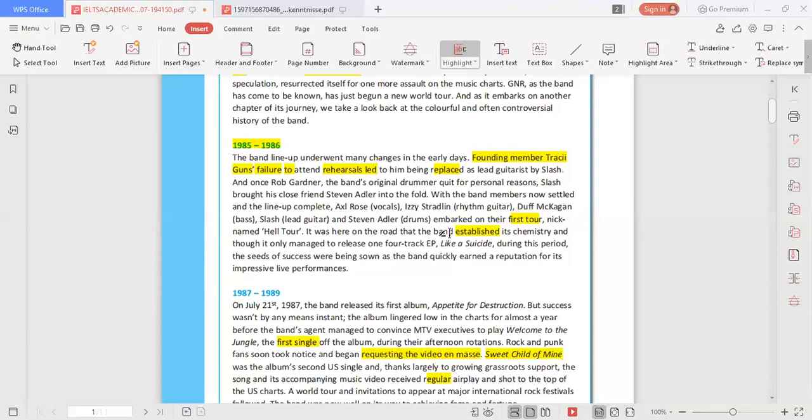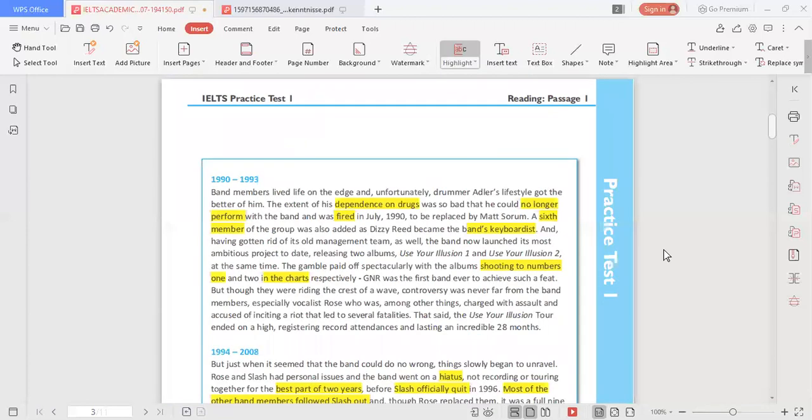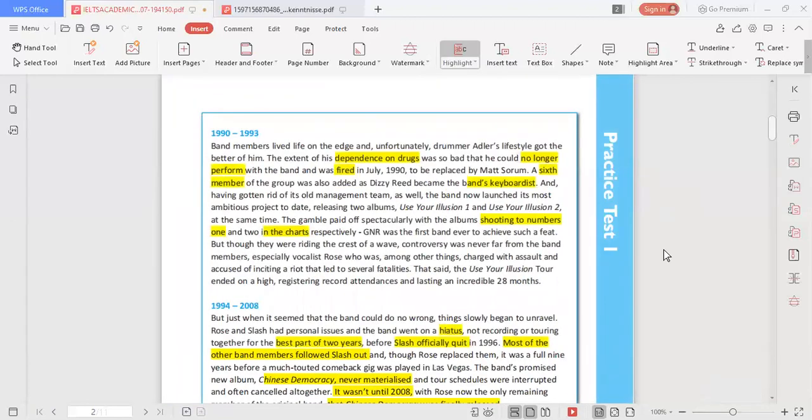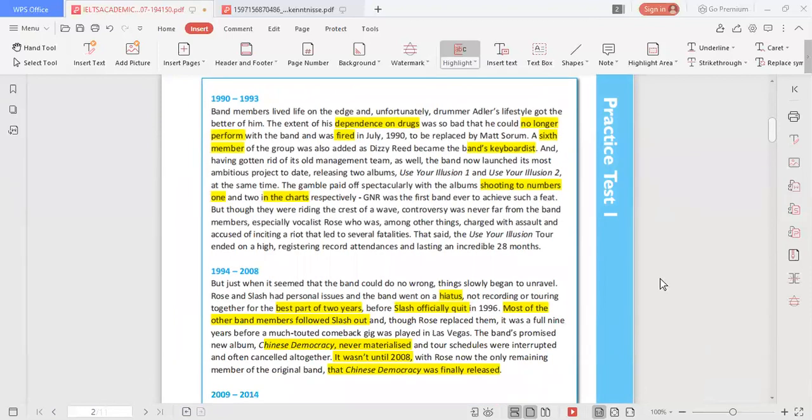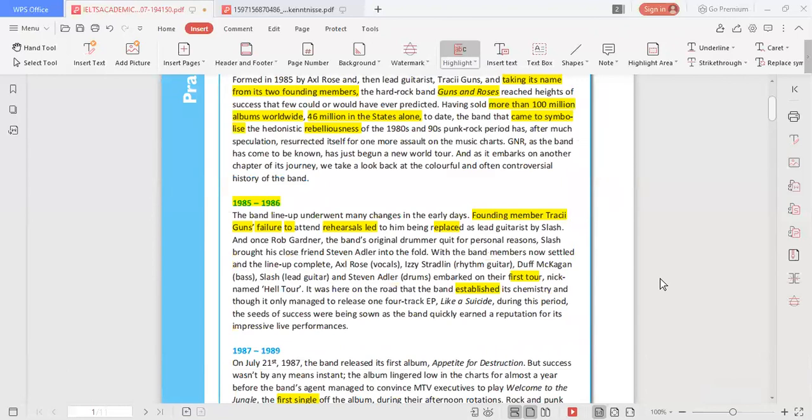And then we've also got established. For me, established is a synonym for managed, okay? They managed to have good, that means they established something. So what is that thing that we're looking at? That thing is the chemistry, all right?